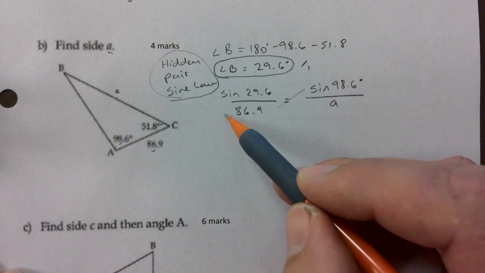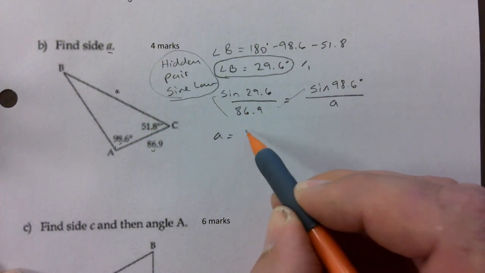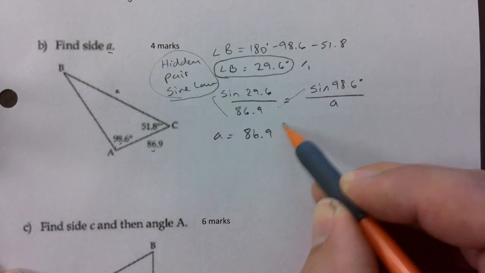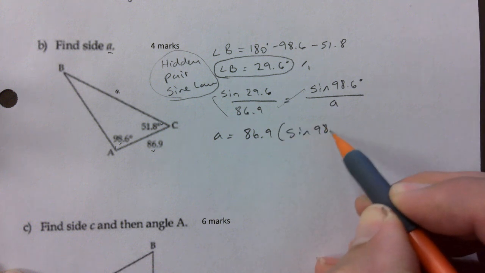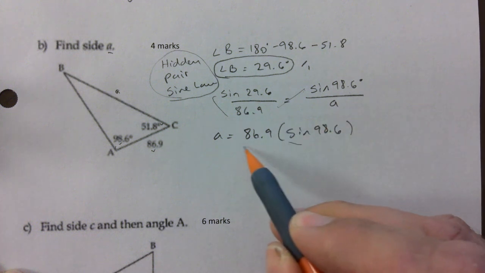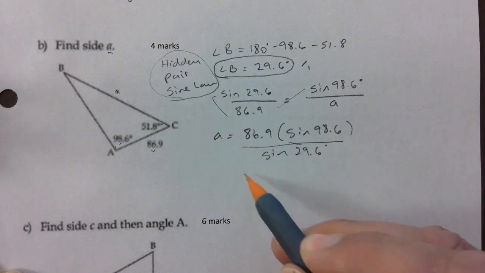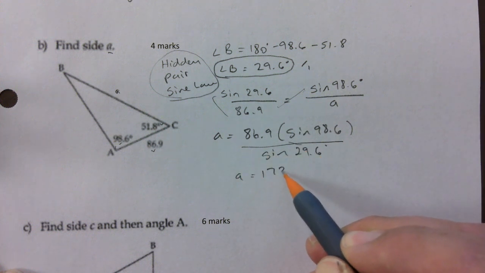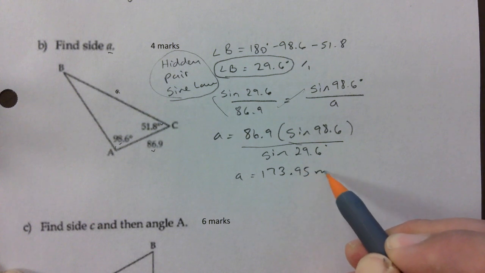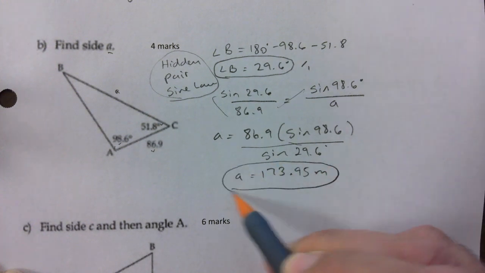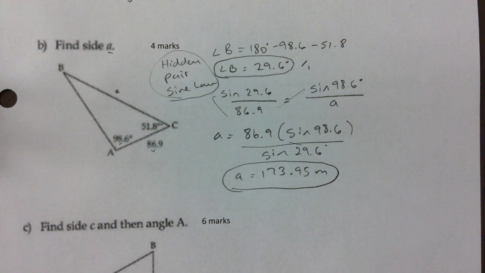I will do the mark breakdown in a bit. Right, so it's 86.9 sine of 98.6 over sine of 29.6. So side A is 173.95 meters. I don't know if you read at the very top, it says that everything is in meters at the beginning of the AC.